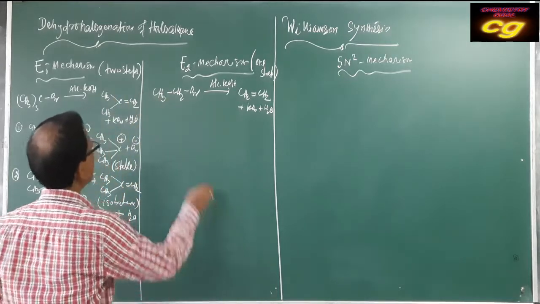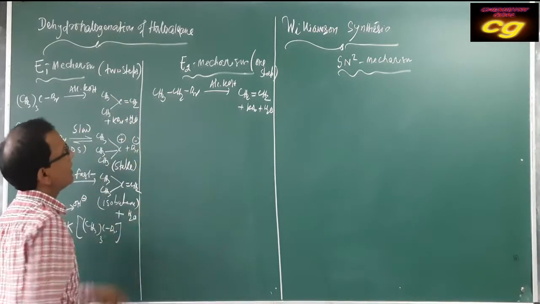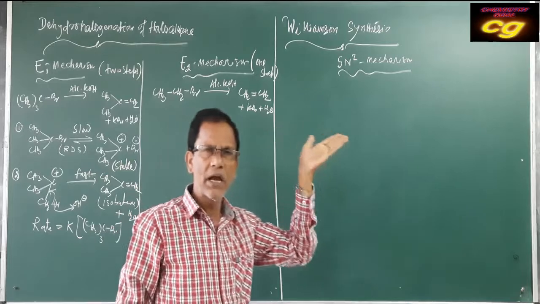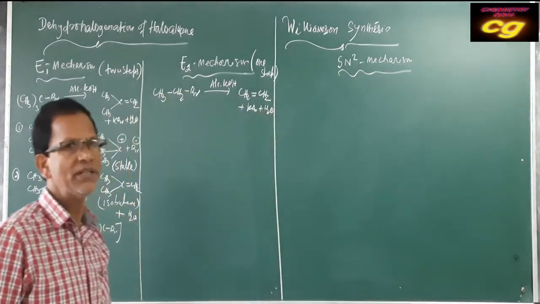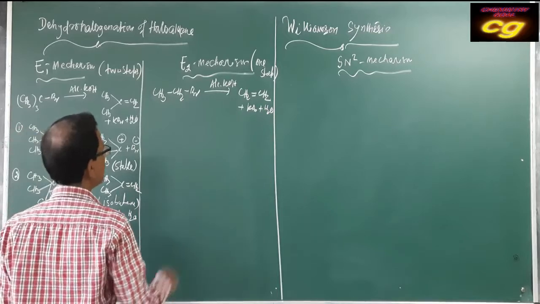Okay, let us discuss the mechanism. Here the attacking of base and releasing of leaving group occur simultaneously. That is a one-step process. You have to take it like this.